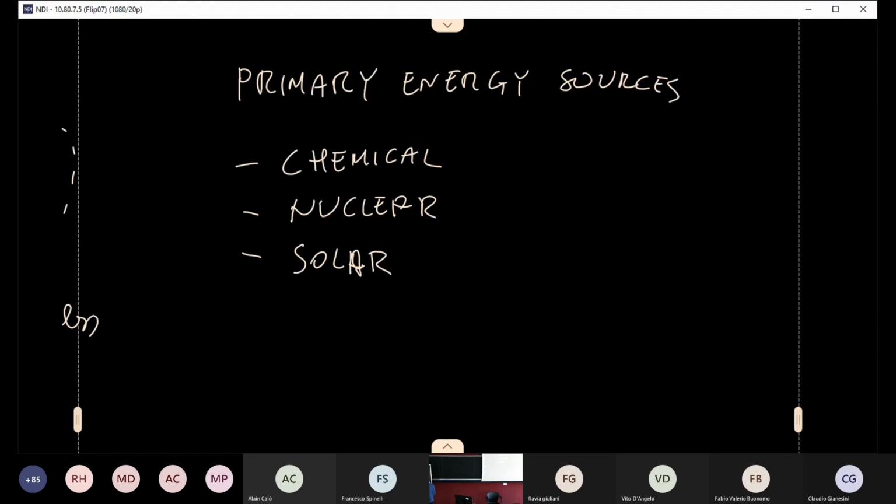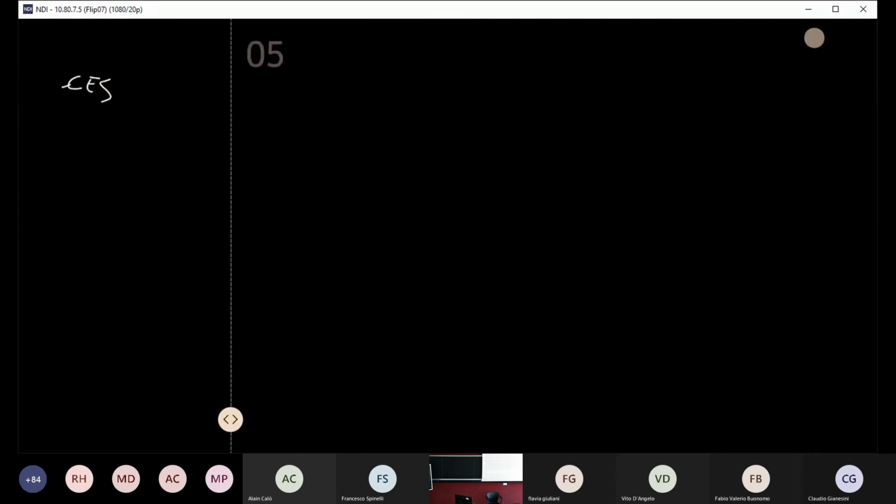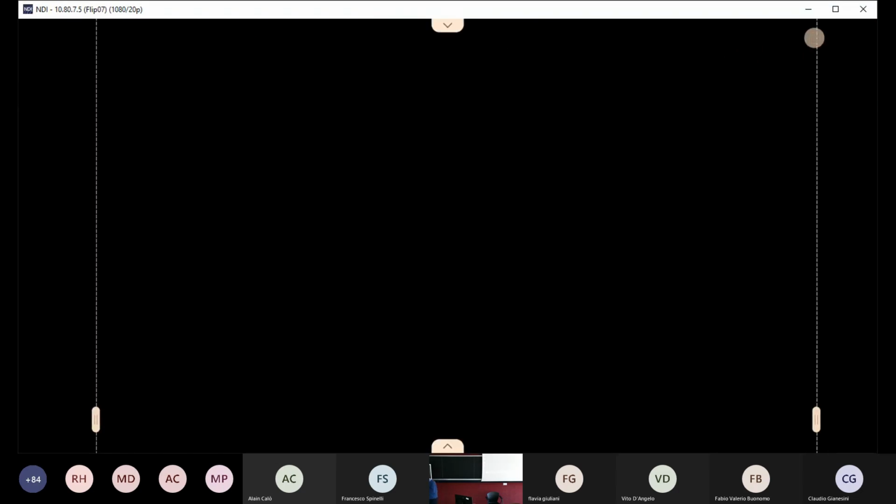So let's look at our thermal rockets or thermodynamic rockets. So it means here that we are going to exploit the conversion of internal energy of a fluid into kinetic energy.